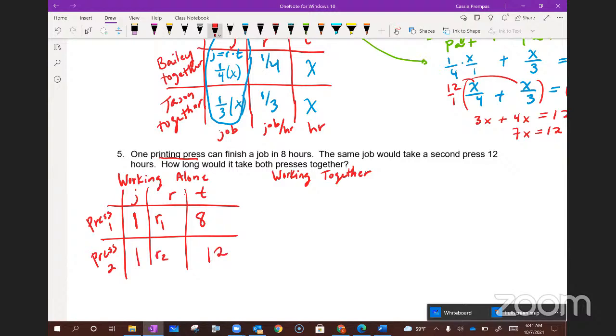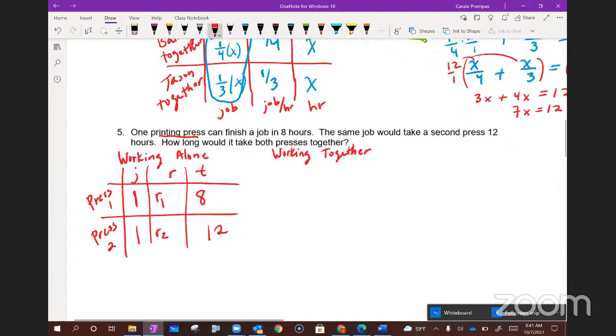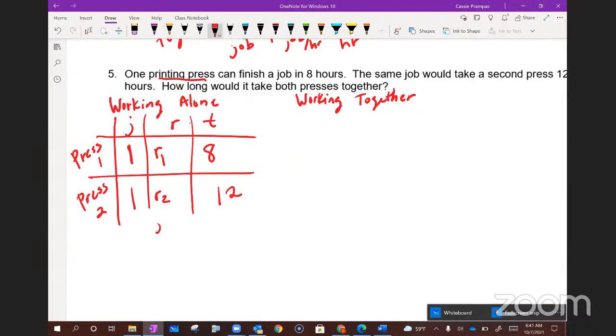I need to solve for the rate of press 2. How do I solve for a rate? I know that job is equal to rate times time. So if I'm looking at press 1, he can do one job using his rate times 8 hours. So the rate of press 1 is going to be 1/8 of the job per hour. So I'll say 1/8.